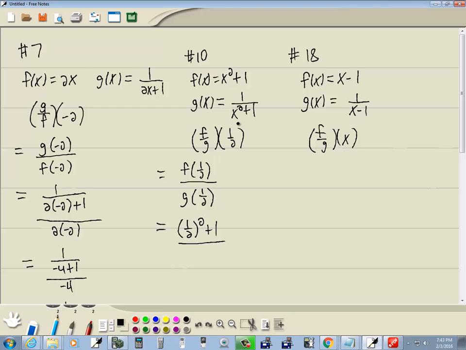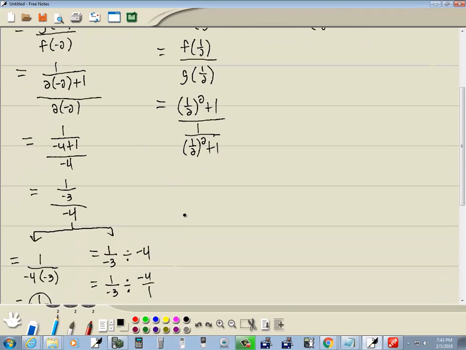We'll plug 1/2 in for the g. So we got 1 over 1/2 squared plus 1. Well, 1/2 squared, 1/2 times 1/2 is 1/4 plus 1. And here we got 1 over 1/2 squared is 1/4 plus 1.